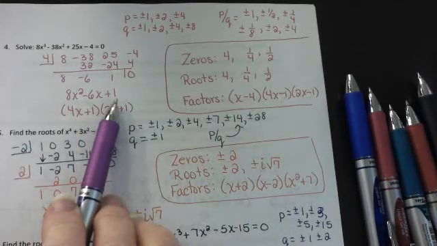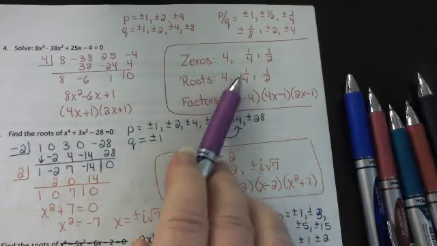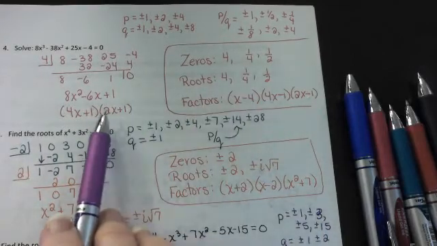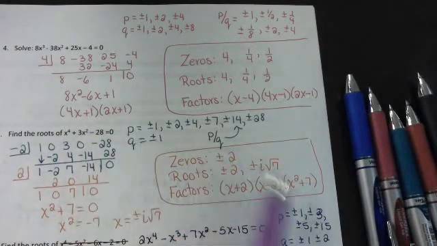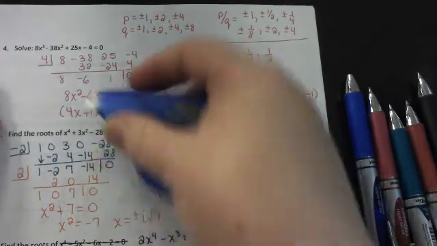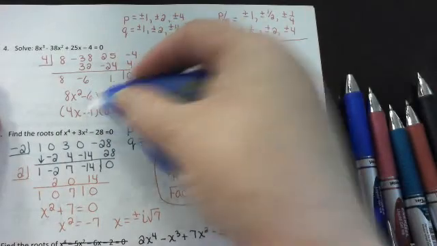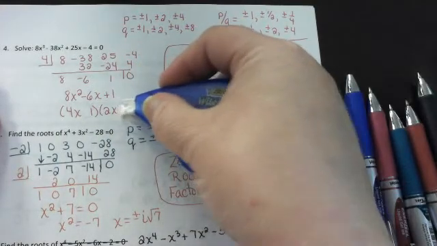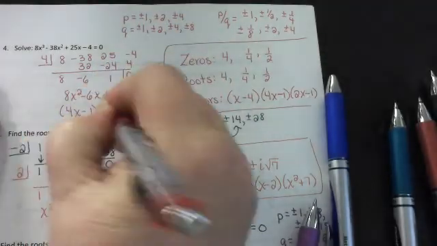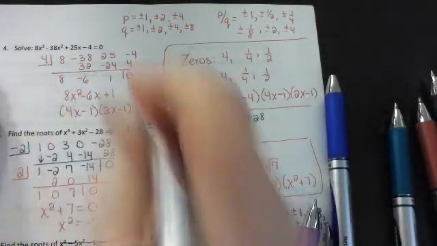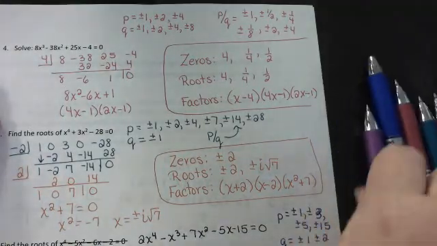And then I did the quadratic formula and went, oh, that could have been factored, because I got the 1/4 and the 1/2. So this time I factored it. And I need to fix this because they're supposed to be 4x minus 1 and 2x minus 1. Oops. So that's number 4. You can copy that if you didn't do number 4.